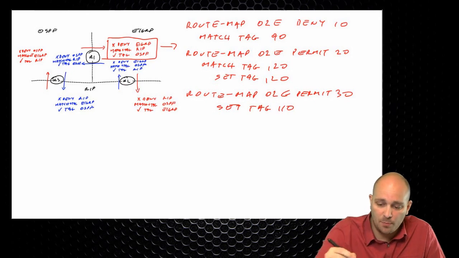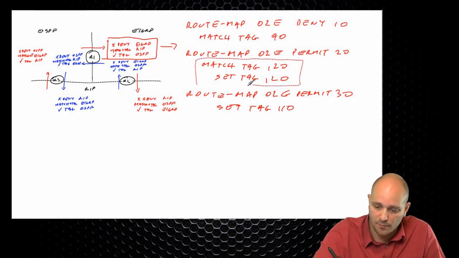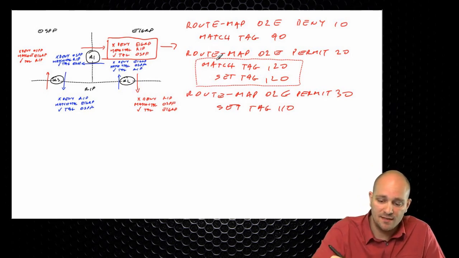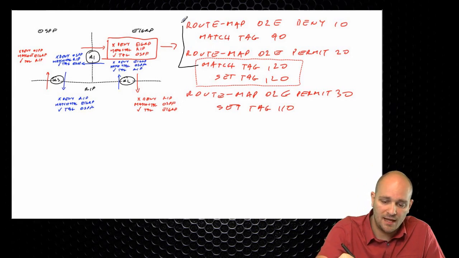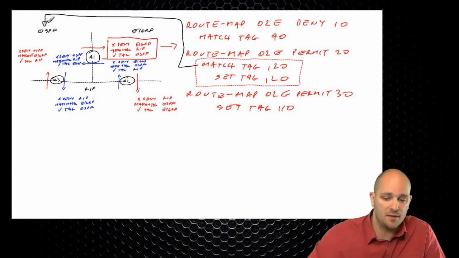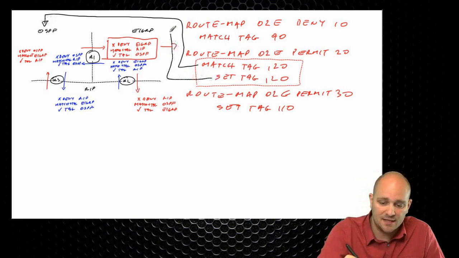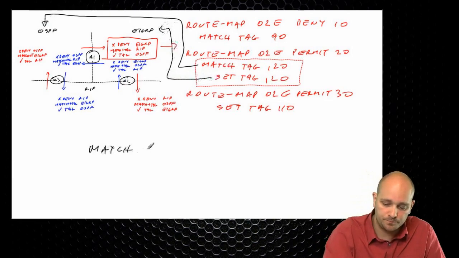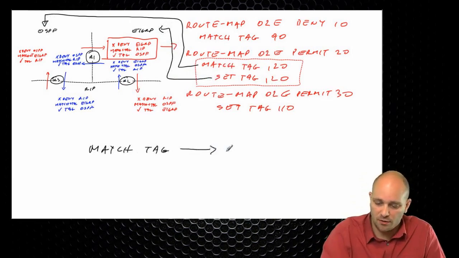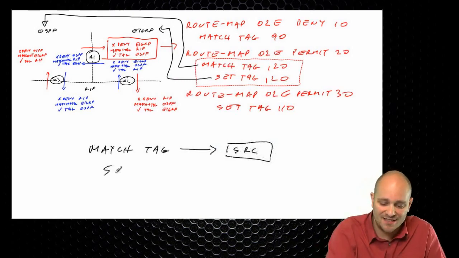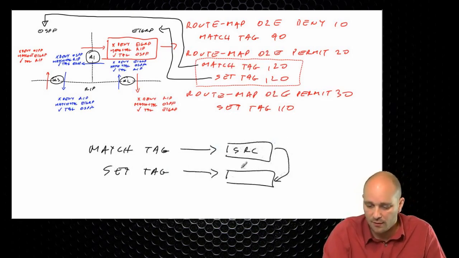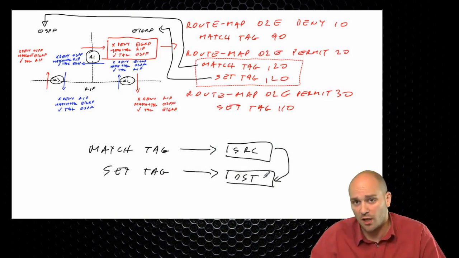Now, this part, when you first see it, looks a little bit confusing. The important thing to note is that this match tag takes effect against the incoming OSPF route. This set tag takes effect on the outgoing EIGRP route. So basically, match tag matches the source route, whatever we are receiving from the source, and set tag is the action that we take when we generate the route for the destination routing protocol.